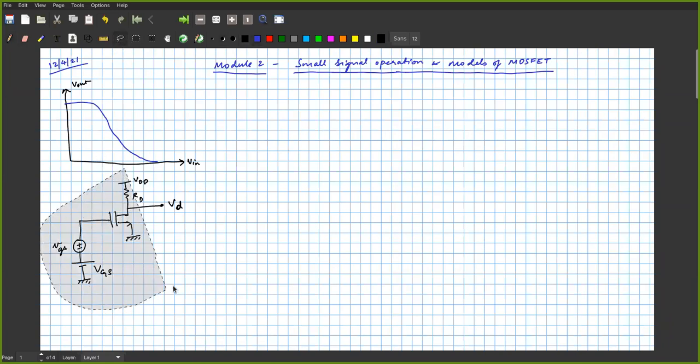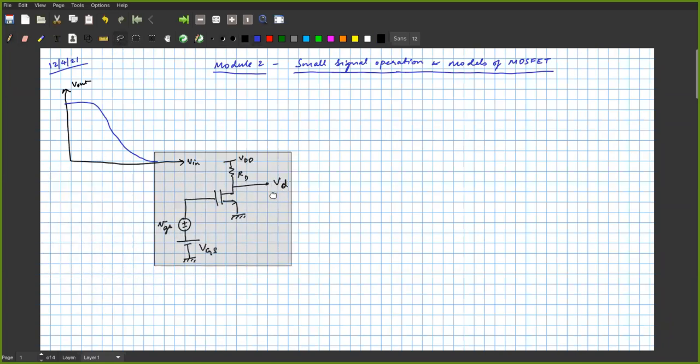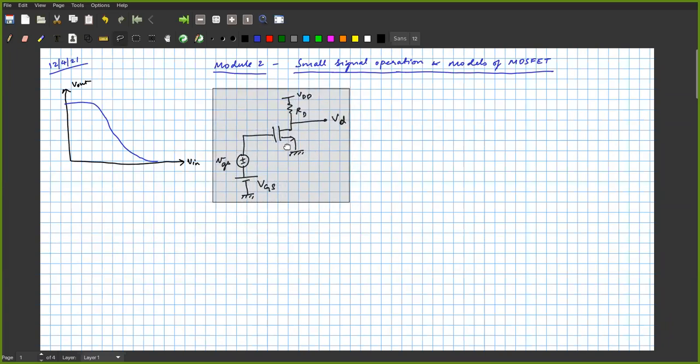Put this here. And say this is my input. This is my output. If I give a small signal like this, small signal, this.